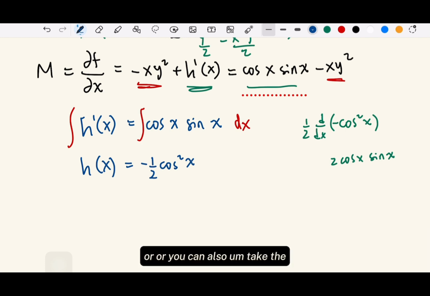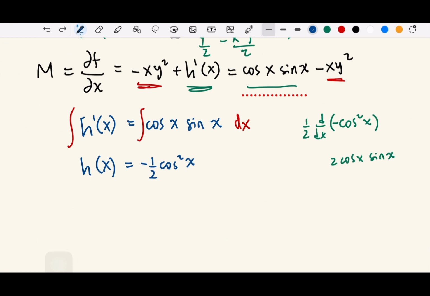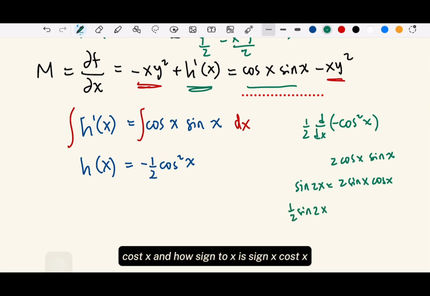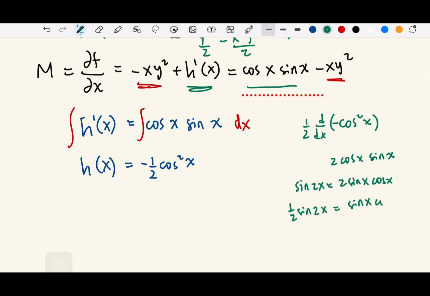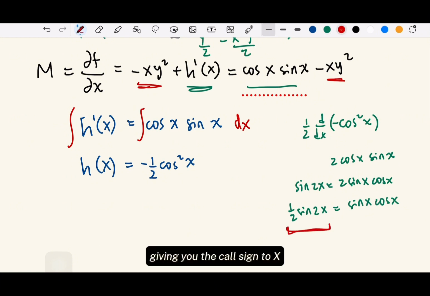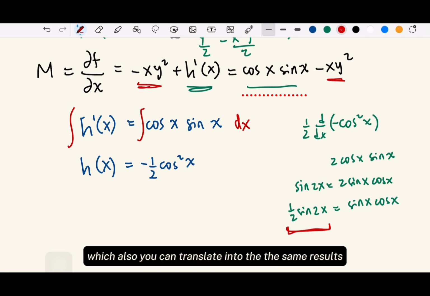Or you can also take the double angle. Sine 2x is 2 sine x cos x, and half sine 2x is sine x cos x. And you can integrate this one here, giving you the cosine 2x, which you can also translate into the same results.